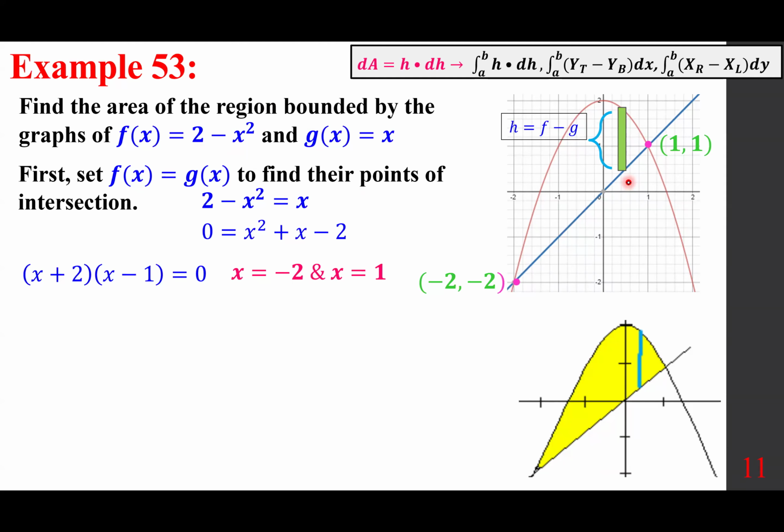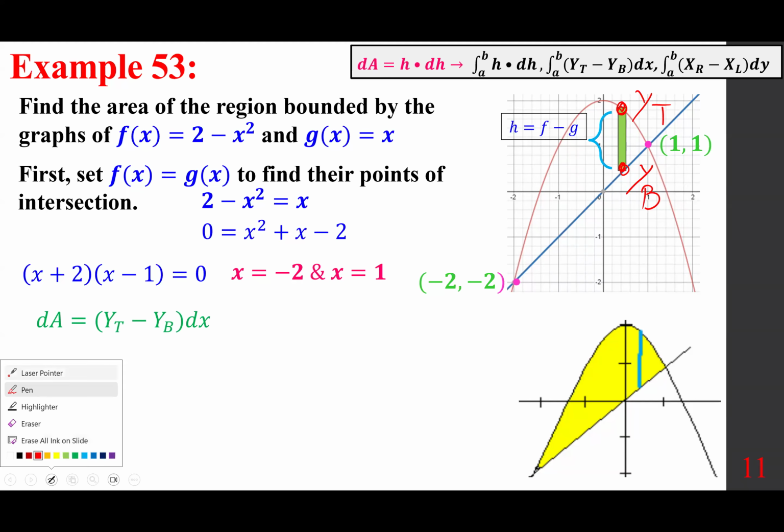So a typical rectangle has the area height, which is y of the top minus y of the bottom, times dx, because the width, as we move it along the x-axis, is dx.